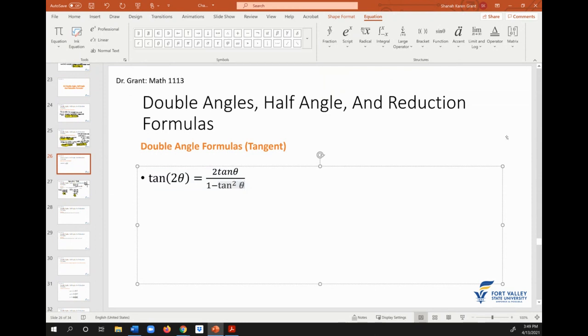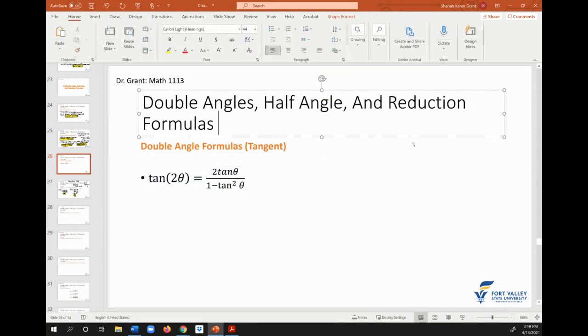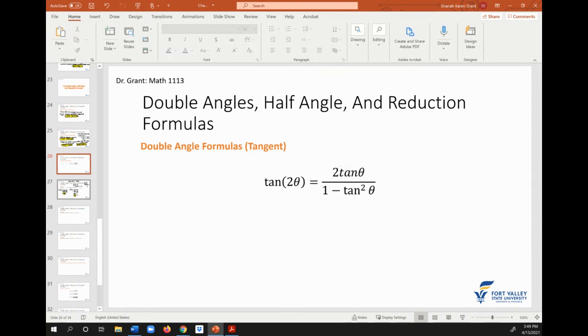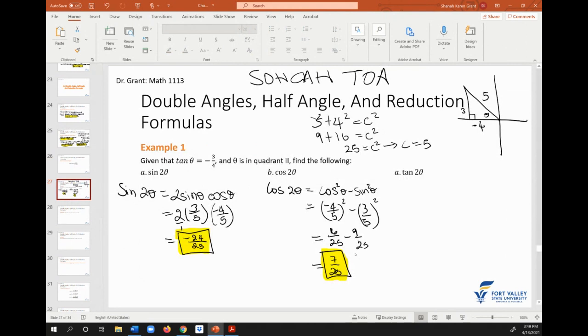All right, so that's our formula for tan 2 theta, or the double angle formula for tan. So I'll just rewrite it here. tan 2 theta equals 2 times tan of whatever theta is divided by 1 minus tan squared theta.